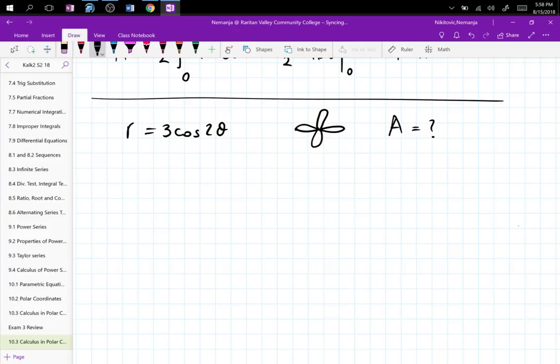So what am I going to do now? You just take the integral of that. Exactly. A equals. Now, guys, there are some subtleties. So this is 1/2 integral from 0 to 2 pi. Why is it 0 to 2 pi? Because I want the entire flower.